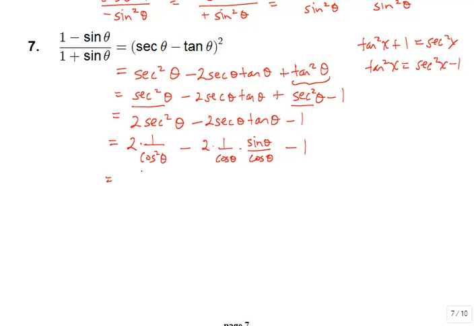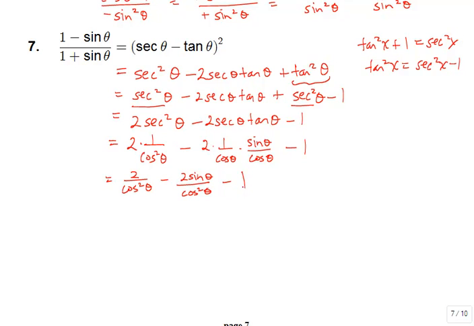So let's just clean this up a little bit. This becomes 2 over cosine squared theta. And doing all these tops multiplied together gives me 2 sine theta over all these bottoms, which is cosine squared theta, and then minus 1. Now this is pretty good, except I have 2 common denominators here, but this 1 does not have a common denominator.